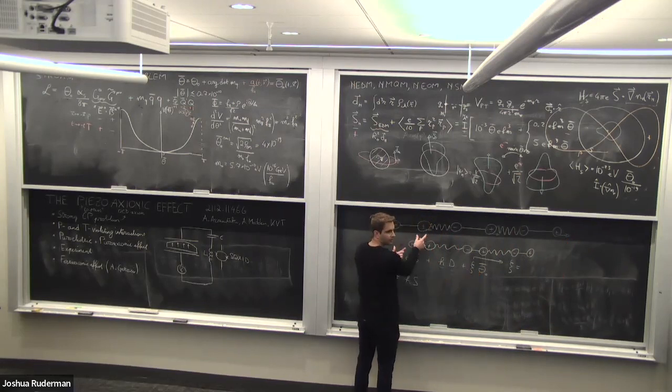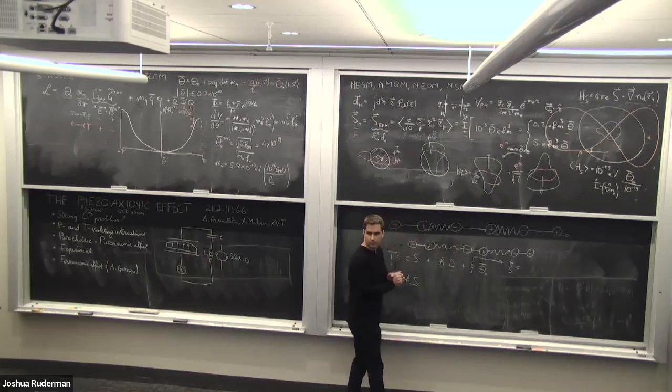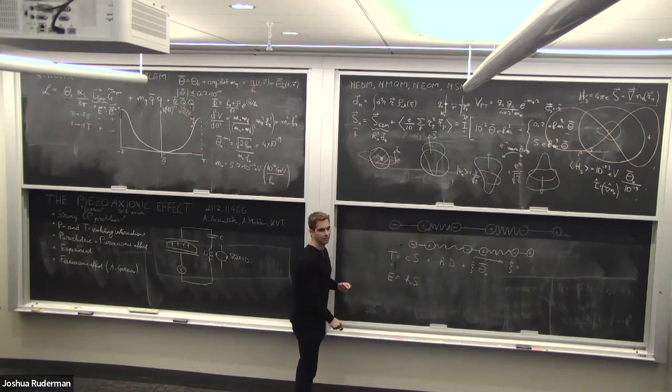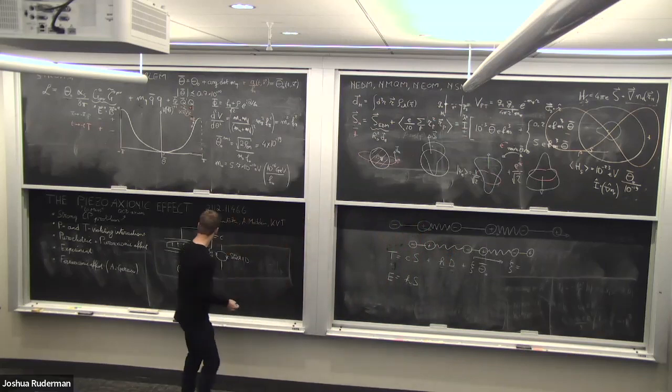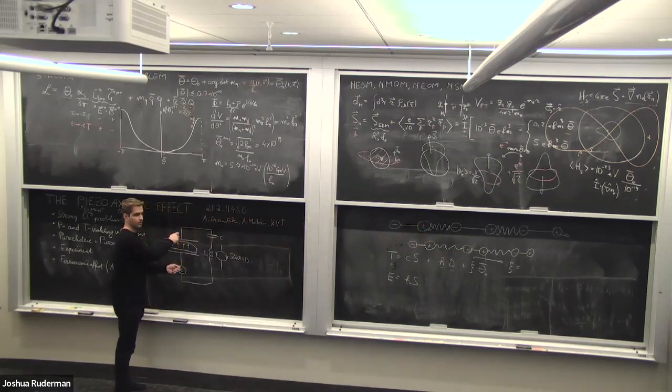So I have an oscillating Schiff moment, which gives me a stress that wants to compress or stretch this material, and it's only possible in a parity violating material. So you take that thing, you polarize the nuclear spins, and it wants to vibrate proportional to an axion field, just like it would want to vibrate if you apply an electric field.